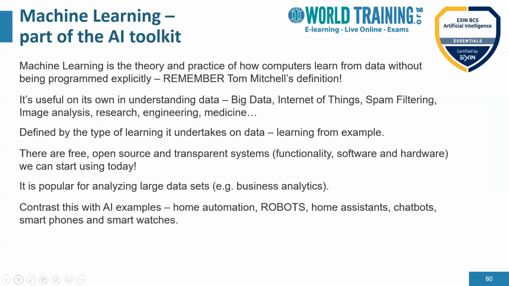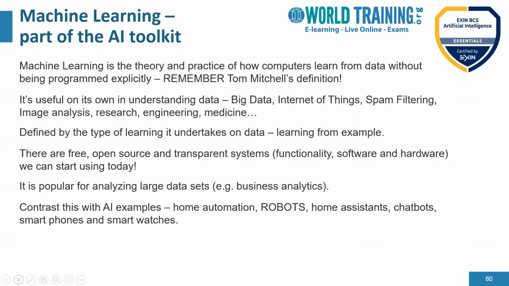So now let's try to see how machine learning acts as a part of the overall AI toolkit. Machine learning, in theory or in practice, is how computers learn from the data without being programmed explicitly. As we have already discussed with Tom Mitchell's definition, machine learning algorithms have to learn from experience when they carry out a set of tasks over a period of time.